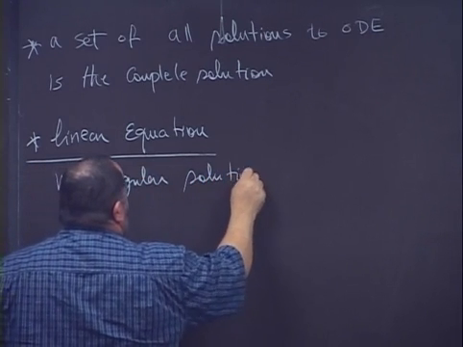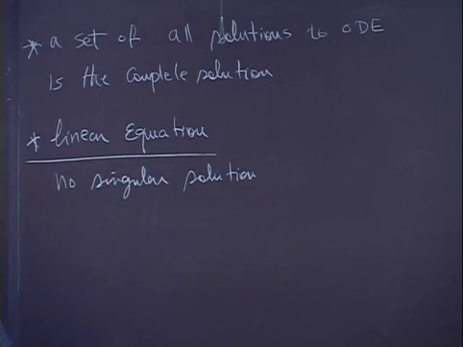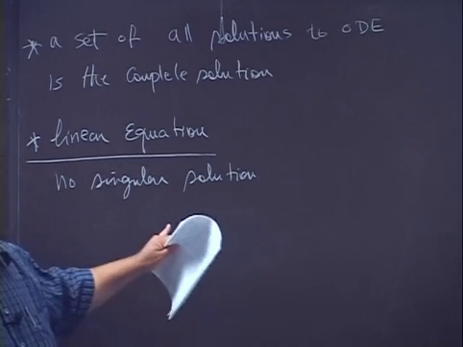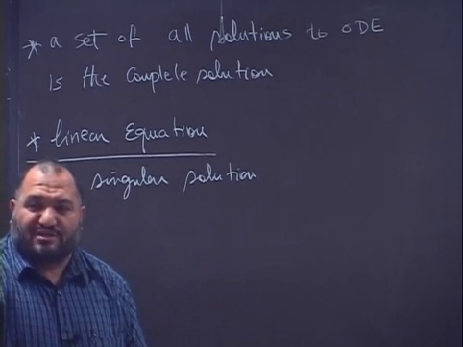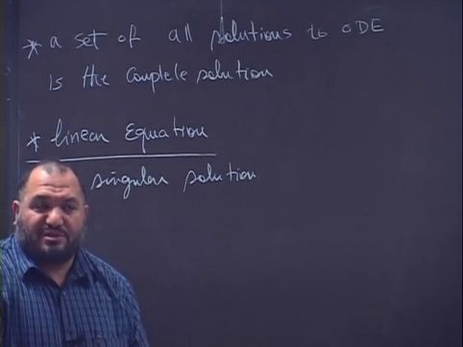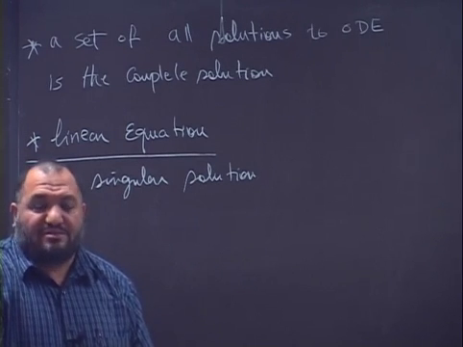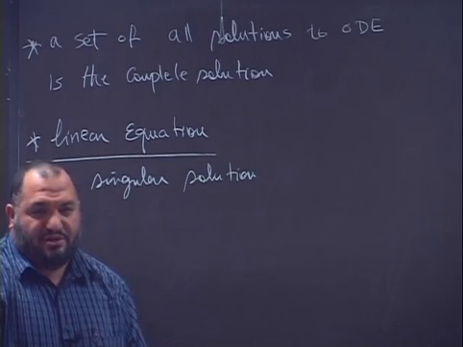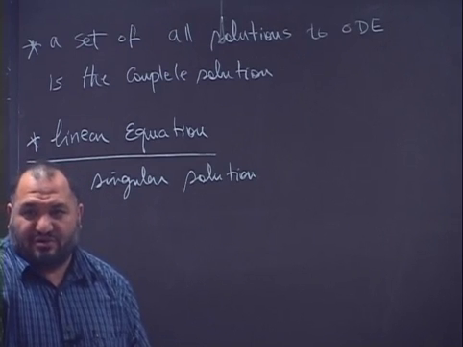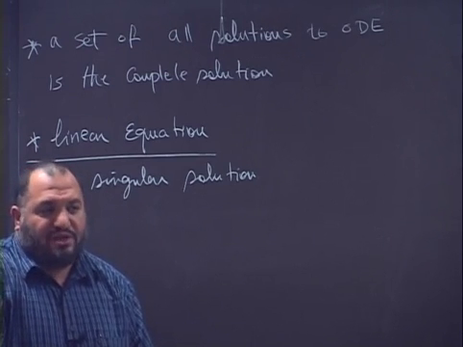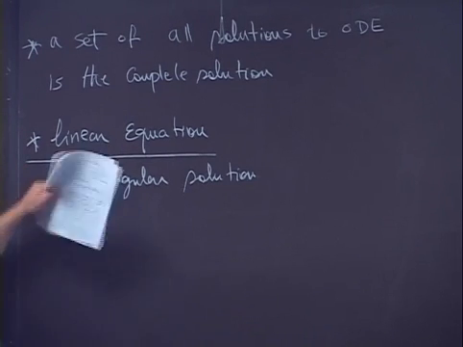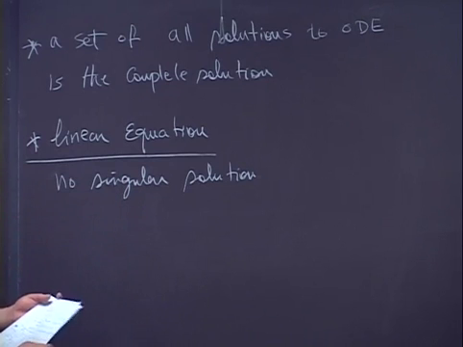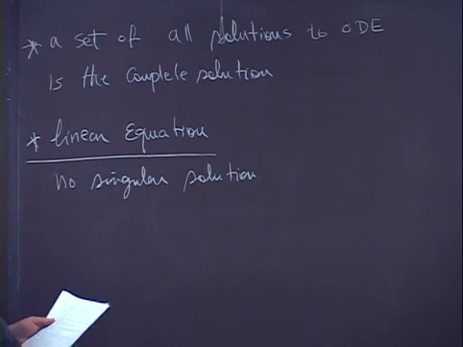And we stated clearly last time, what type of equation has the singular solution? Nonlinear. And we said that not all nonlinear equations will have a singular solution, but usually the singular solution is a characteristic of the nonlinear. But we are talking about linear now, so those will have no singular solution.